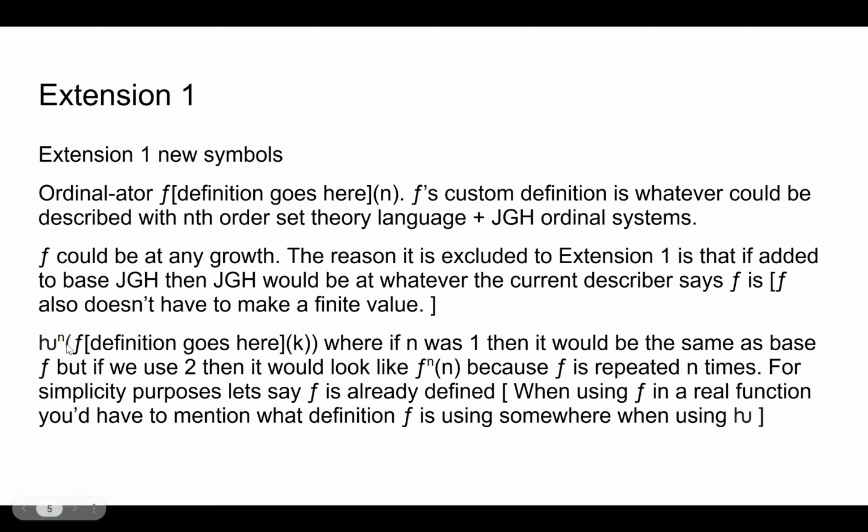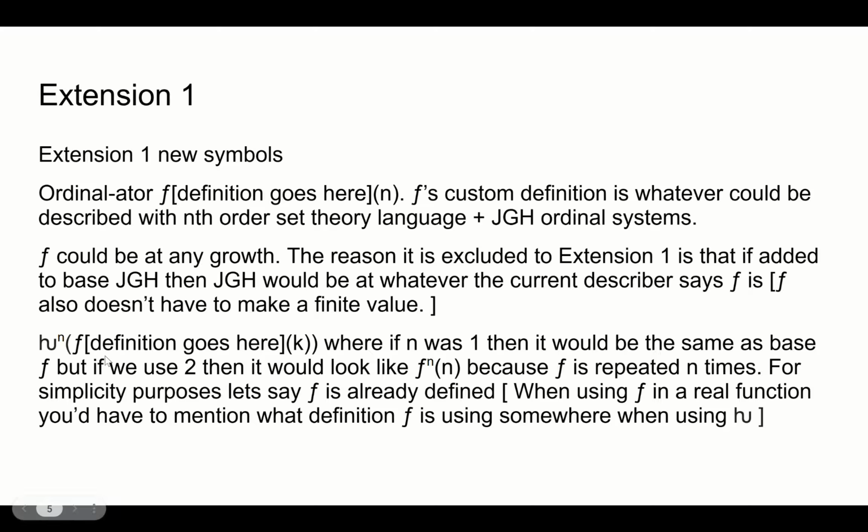HU n, F definition goes here K, where if n was 1, then it would be the same as base F. But if we use 2, then it would look like F repeated n times n, because, well, F is repeated n times.